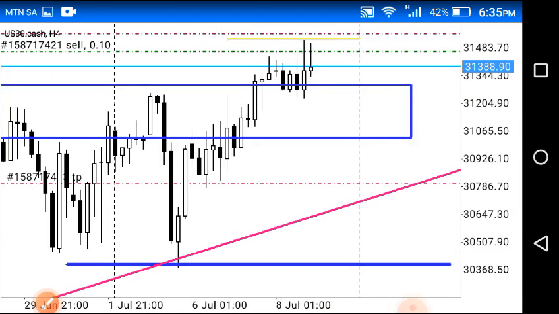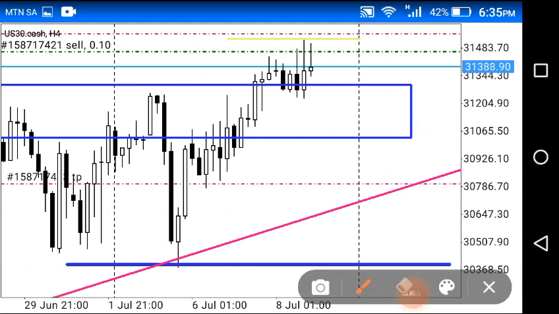So as much as also on the daily chart, I spoke about this level over here, which is carrying liquidity. Can you guys see that there's also confirmation on the H4 chart in that we have these two candlesticks which have small bodies and long upper wicks?